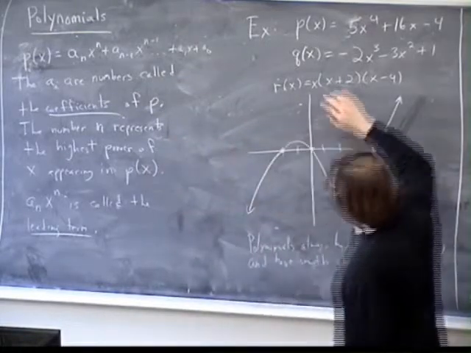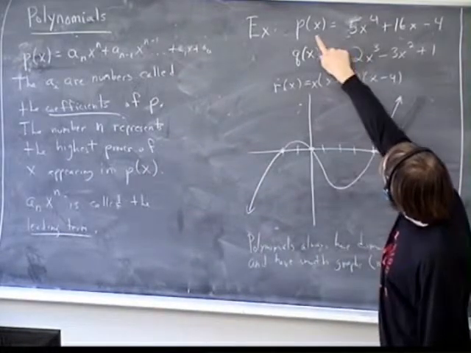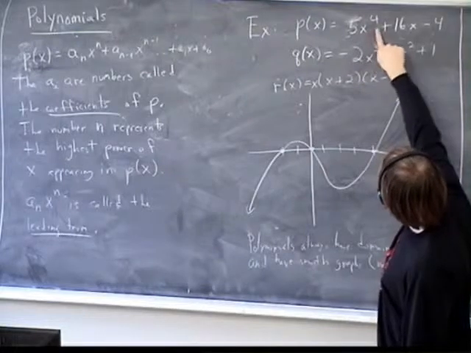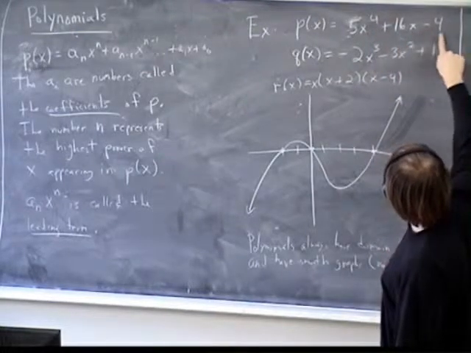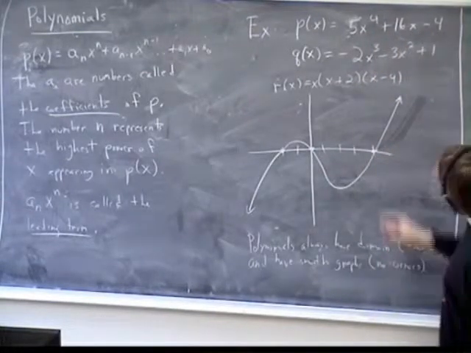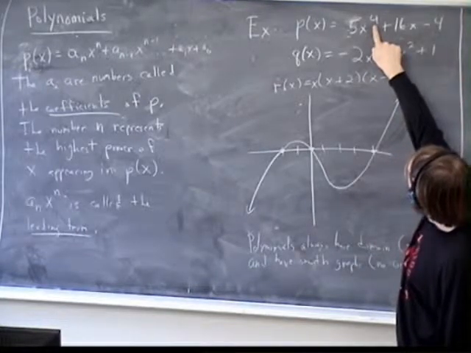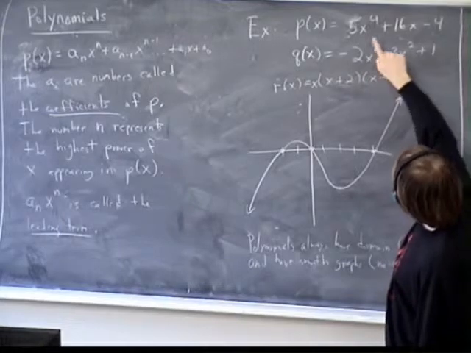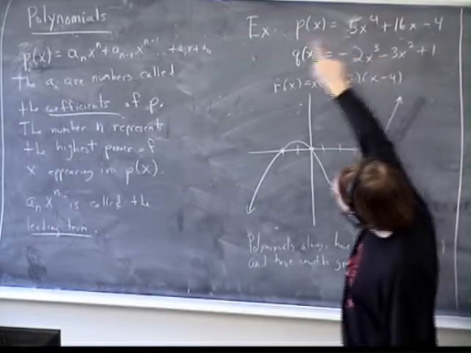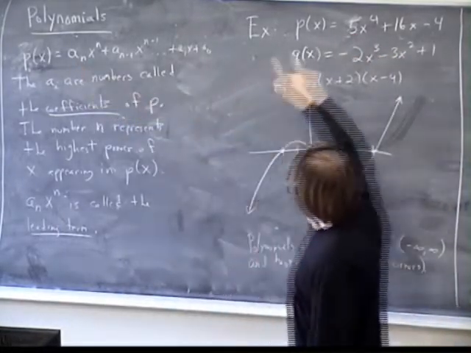So an example of a polynomial would be p of x equals 5x to the fourth plus 16x minus 4. So here n is 4, that's the highest power of x appearing. And 5 is equal to a sub n from over here.